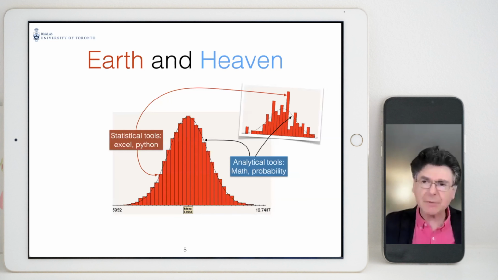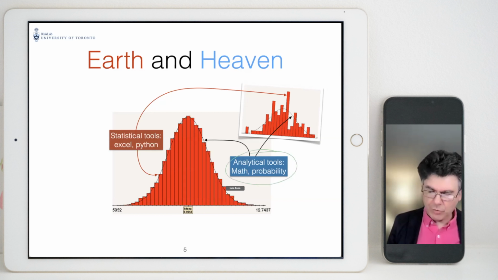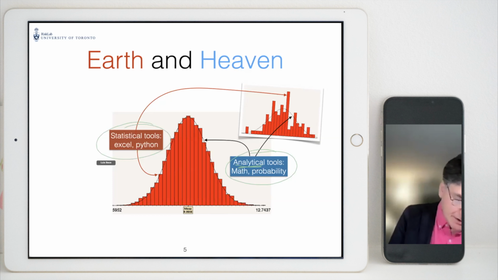There was another time when scenarios were being considered. At some point, I told you about the distinction between doing things theoretically, using mathematics, probability, using analytical tools, and doing statistical tools, using Excel or Python. When we do this, we typically do scenarios.